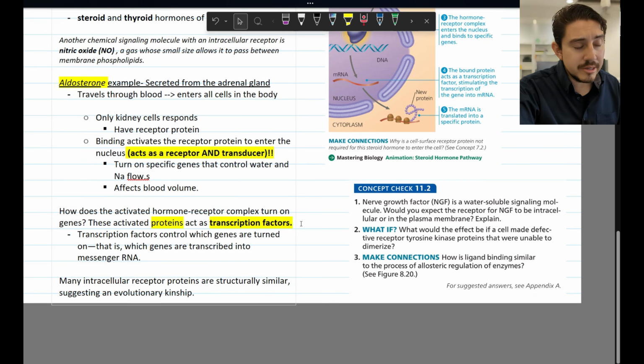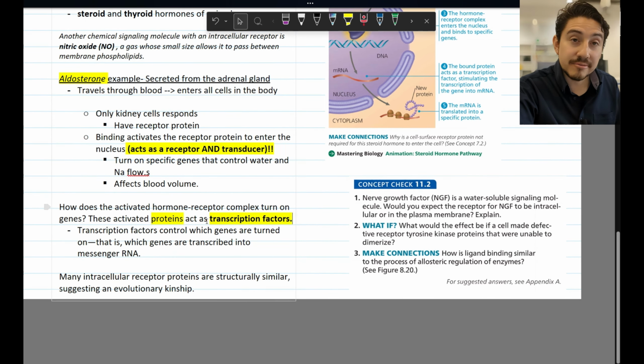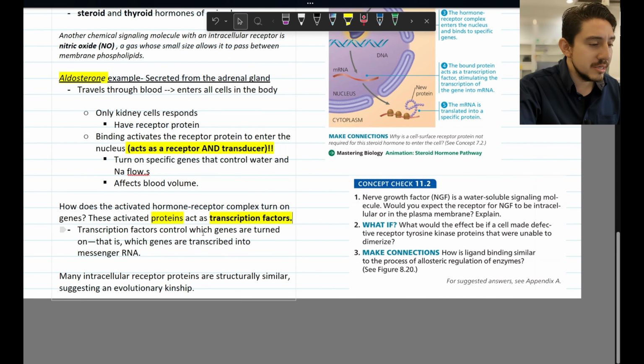Something very interesting as we talk about gene regulation in the later chapters: these activated proteins within signaling pathways, some of them can act as transcription factors, TF. We're going to see this a lot more in detail in the later chapters. These transcription factors control which genes are turned on or turned off.